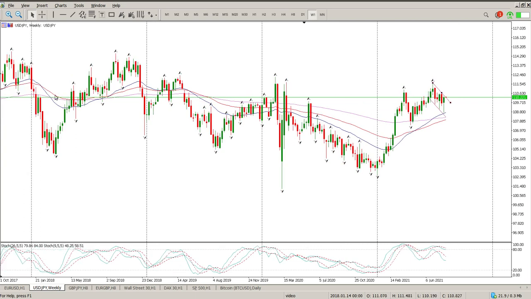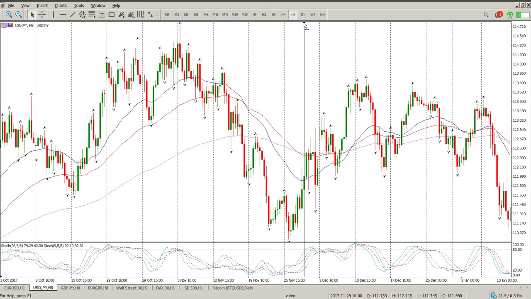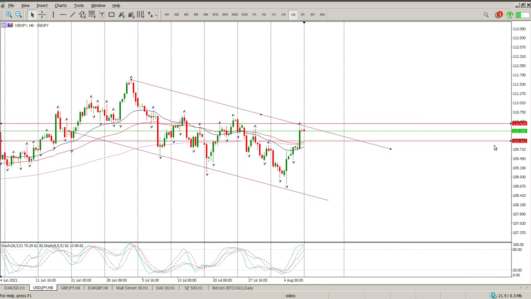Look to the left, there's quite a bit of resistance that we have here, and that there is the area we need to pay attention to right now. And then I'm just putting another weekly level here. And if we look at that on the 8 hour, you'll see the structure that's between those levels.